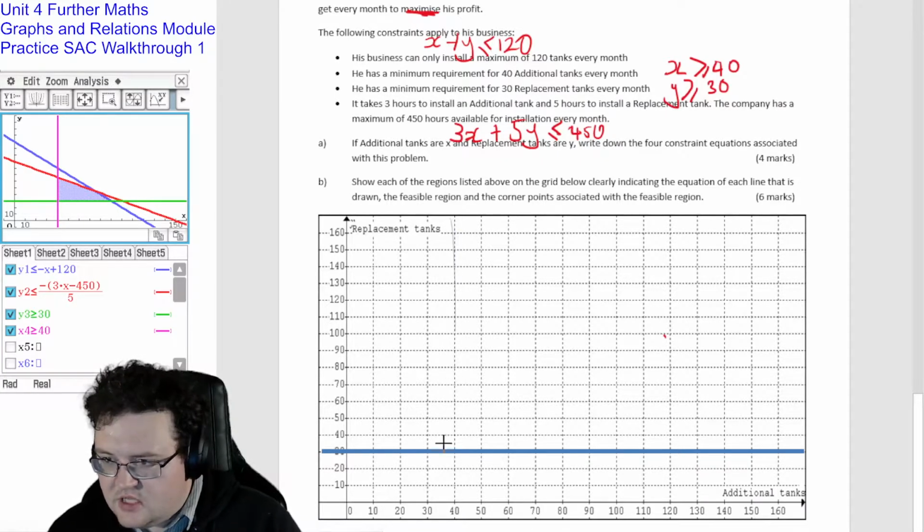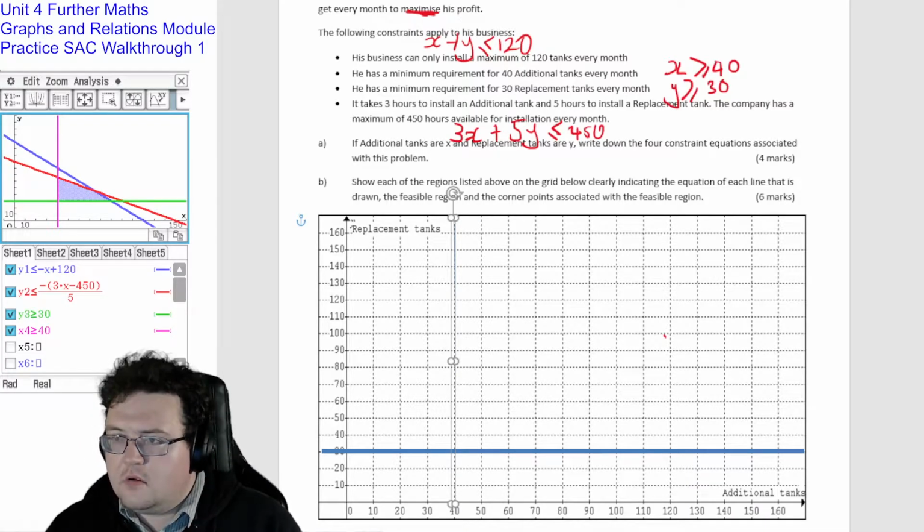Now remember, these lines are obviously important.